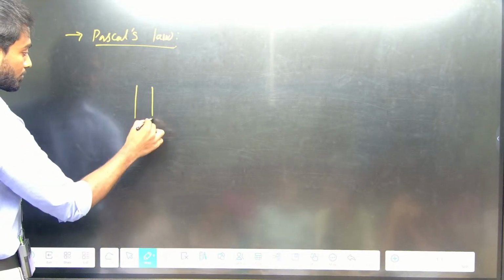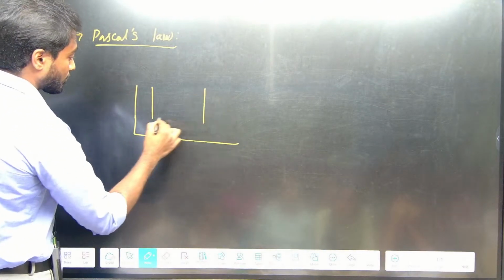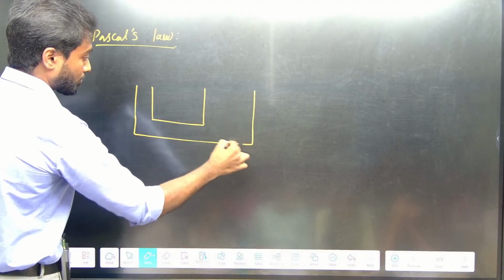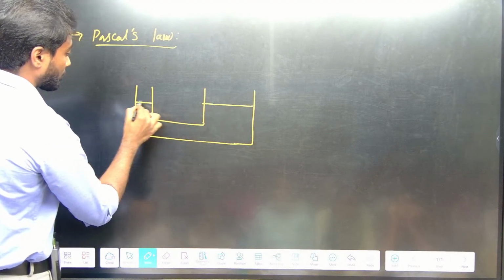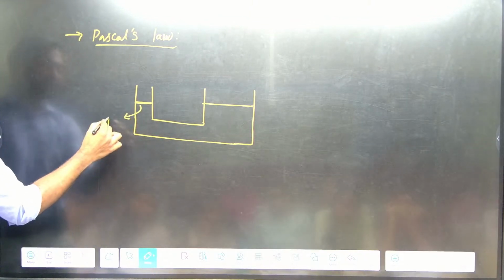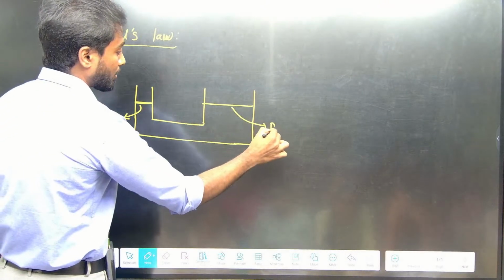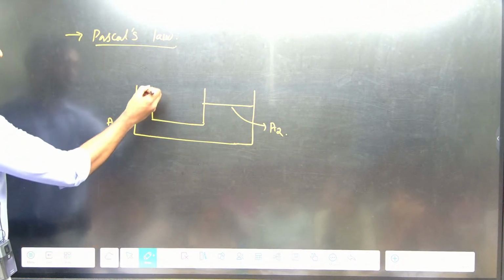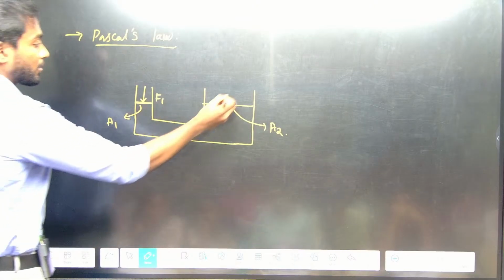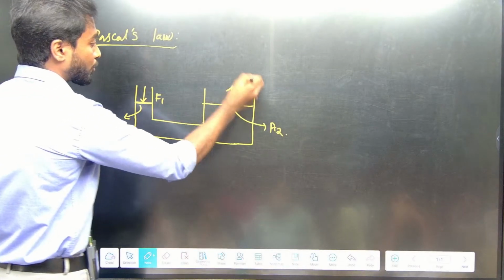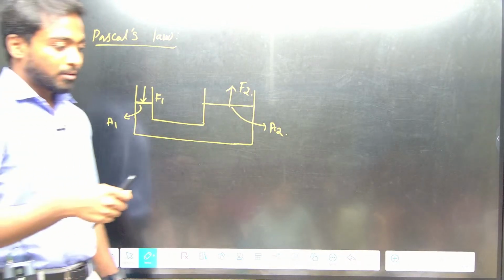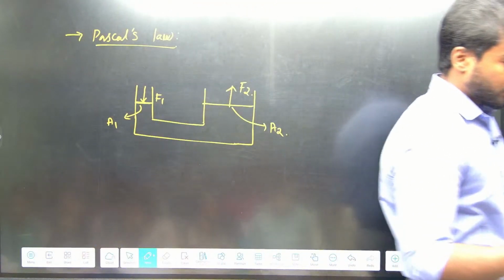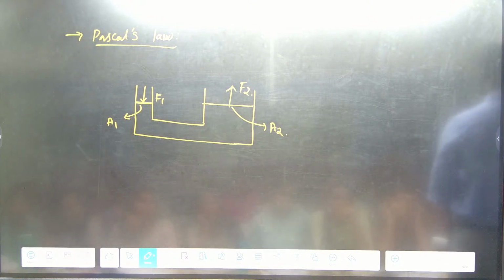So the general application in day to day life, for example: let me take this area A1 and this area A2. Here some force F1 is acting, and here the force will be F2. We see this kind of application in vehicle washing, like car washing.